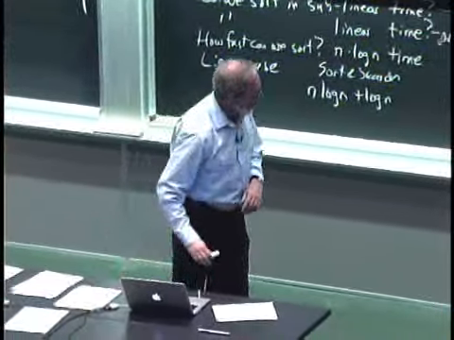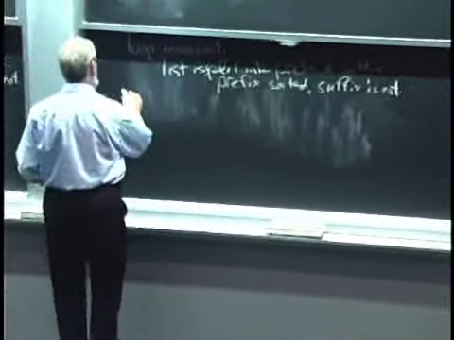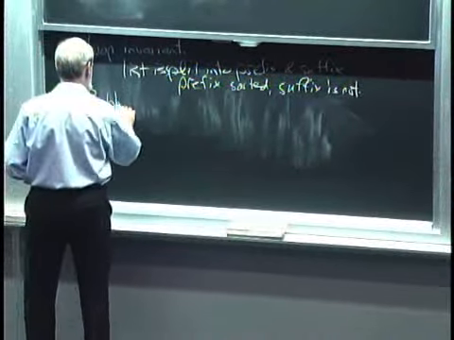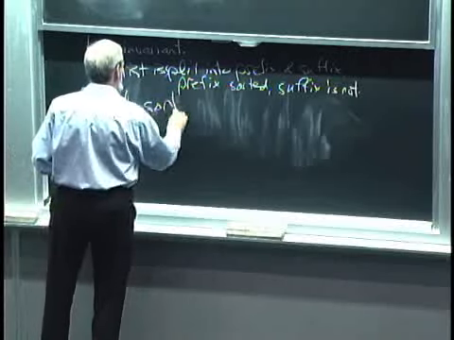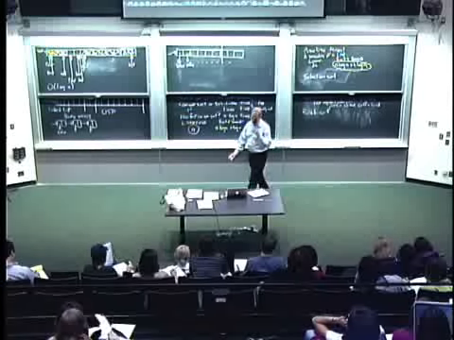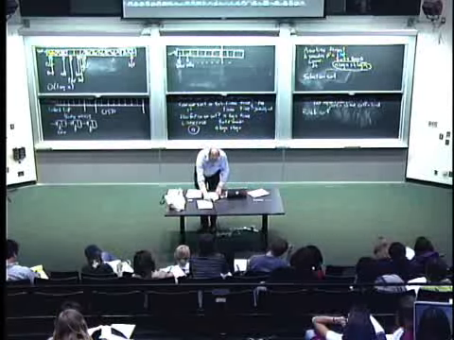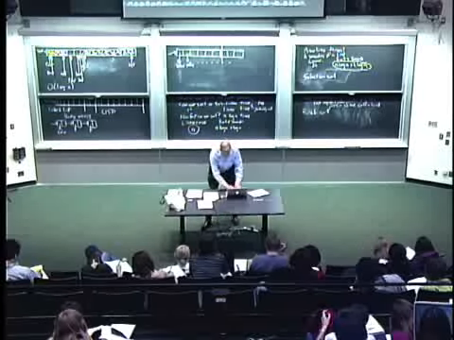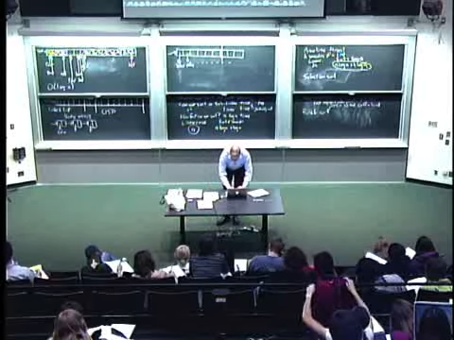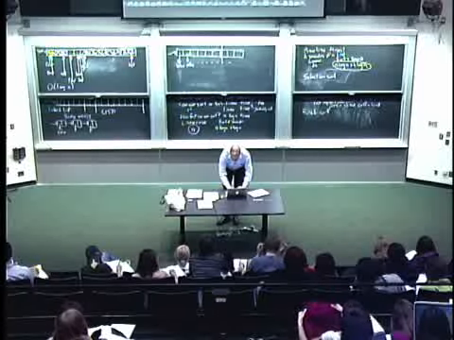Okay, that's one way to do the sort. Let's do another one. The second one we're going to do is called bubble sort. And bubble sort is also on your handout.